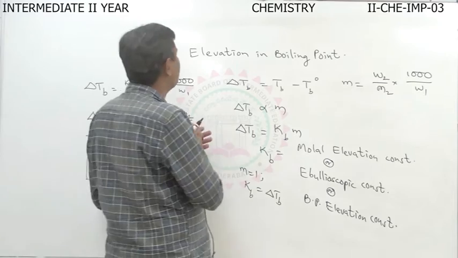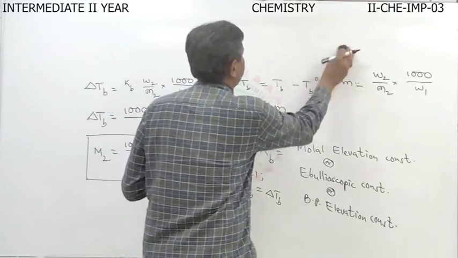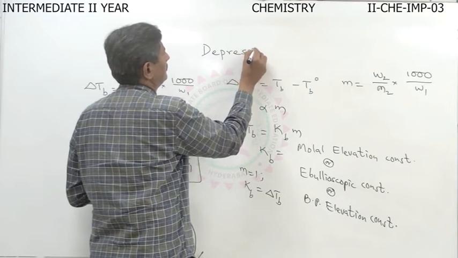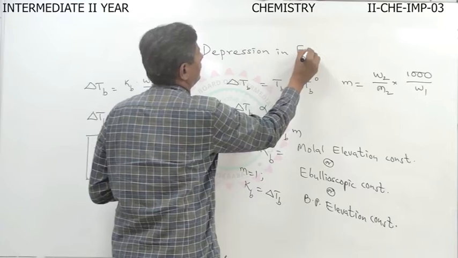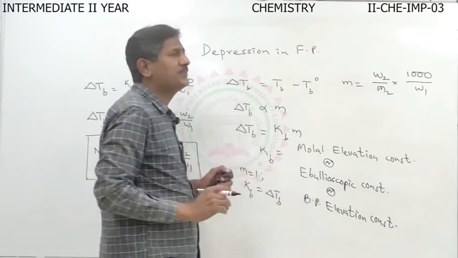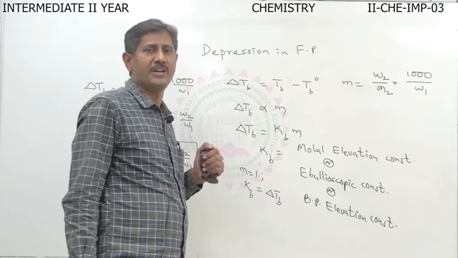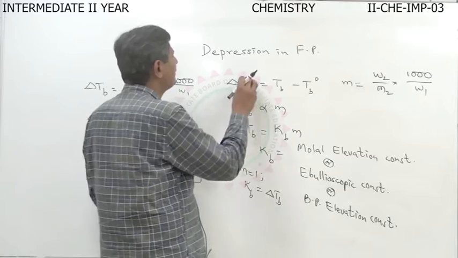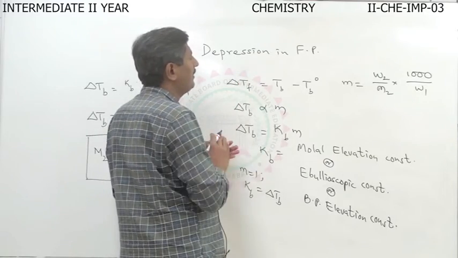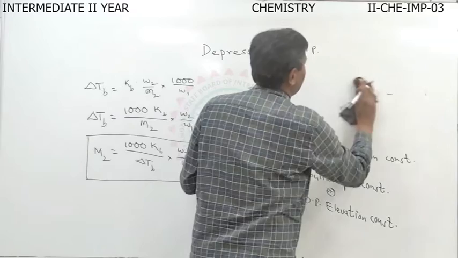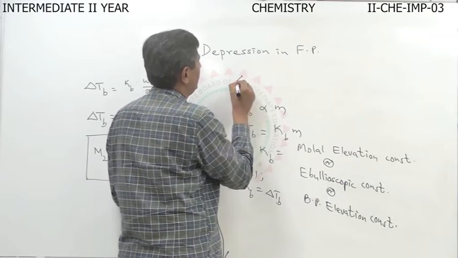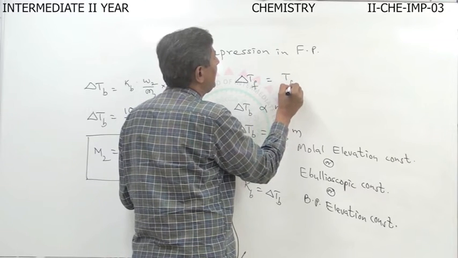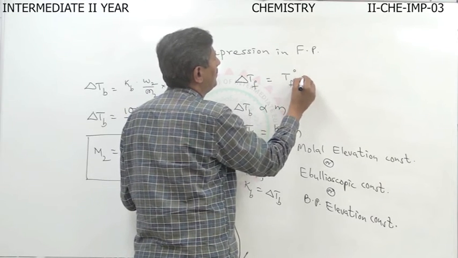Similarly, you see the depression in freezing point. Here delta TF is given as TF naught minus TF.